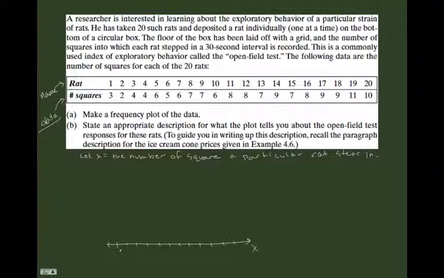Technically I could have a 0 here, even though I don't really have a data value that corresponds to 0. But again, this is just how I'm going to scale the axis.